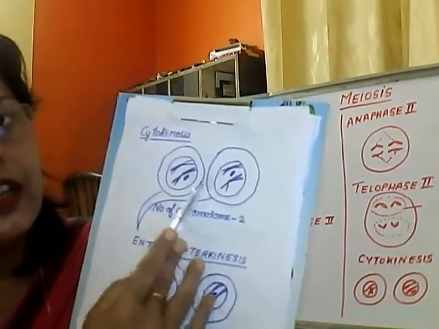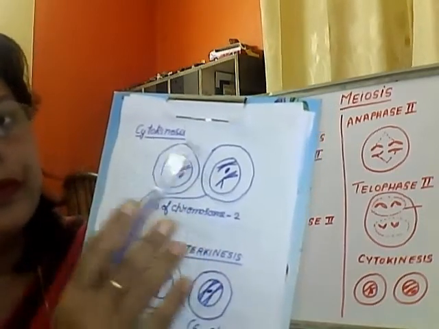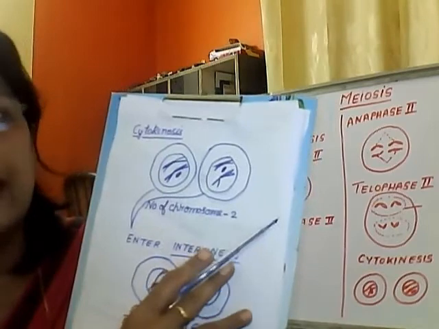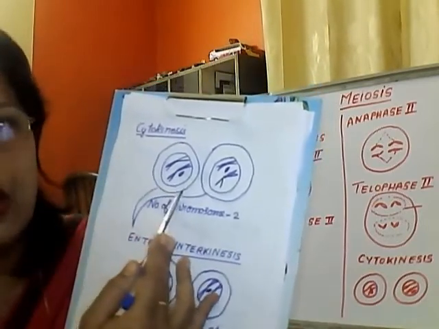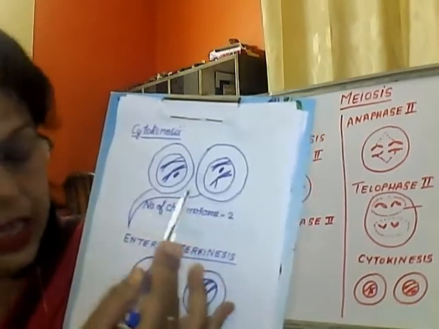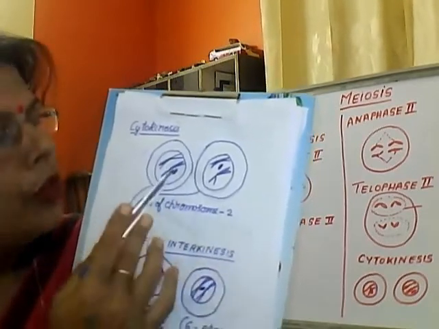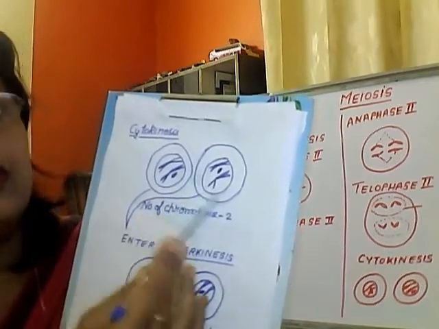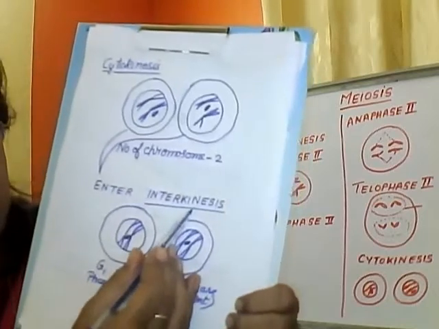And we have studied that when we talk about a non-dividing phase, it is known as interphase. But children, in case of meiosis, after completing meiosis 1, when the cell enters the non-dividing phase, it is known as interkinesis.